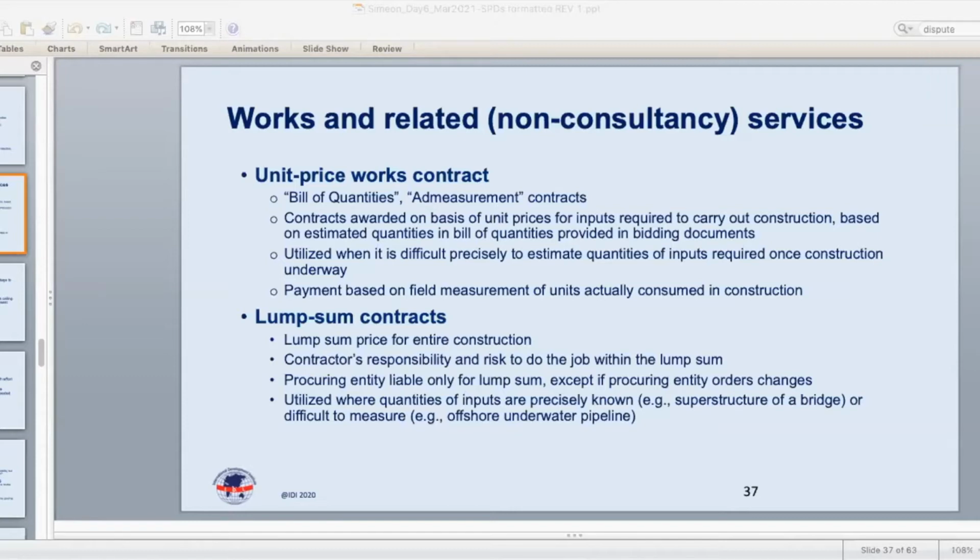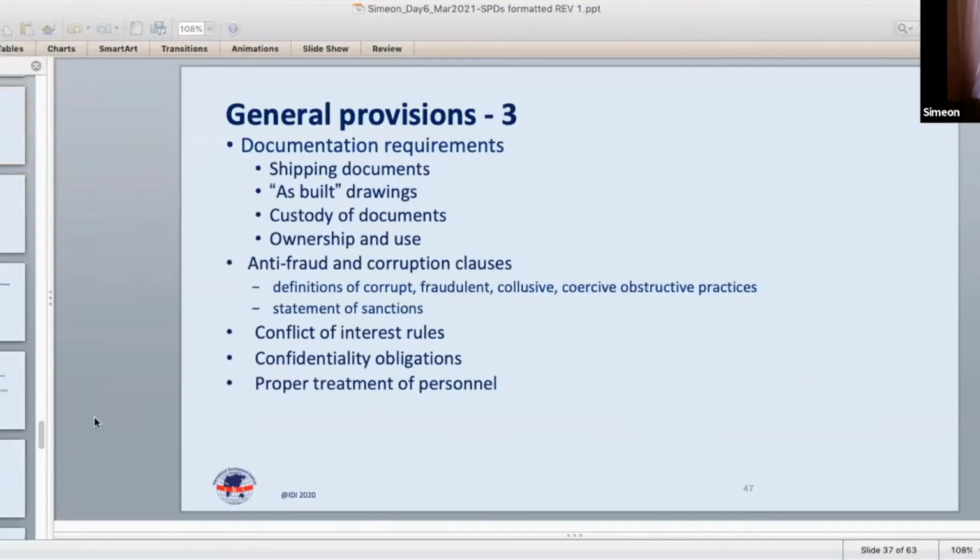I can see 37 from my end as well. I'm sorry, I've been zooming along here, zooming. I wonder why I'm not, would it help if I make the screen smaller? You're right now. 47. You're just on You see- 47. General provisions 3. Okay, so I'm going to keep this format here, okay? Yeah, okay.